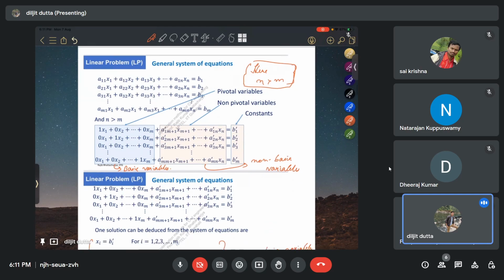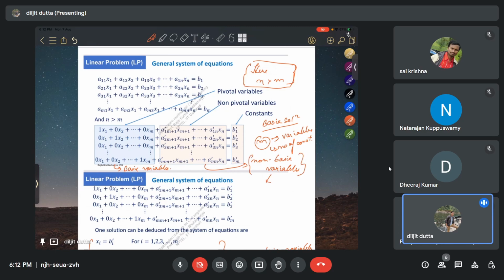First we'll set the basic variables, and these basic variables will be m variables, because we already saw that in a basic solution we get the solution for m variables, where m is the number of constraints. So we'll set m basic variables, and the other variables will be the non-basic variables.